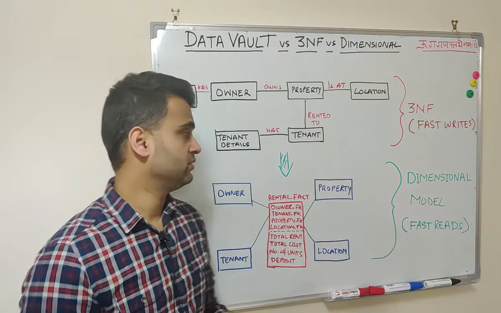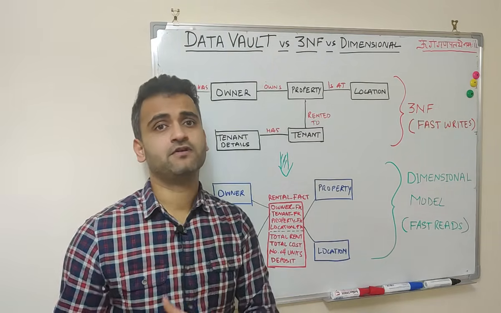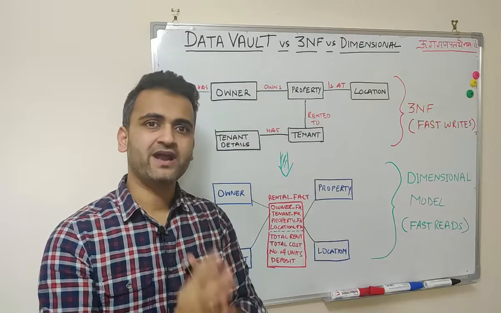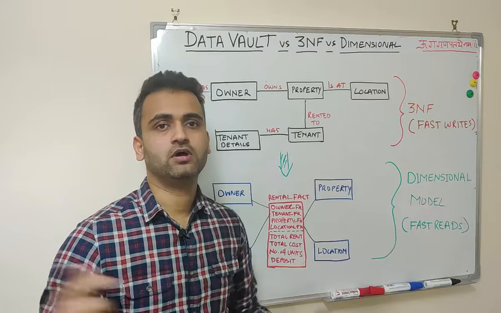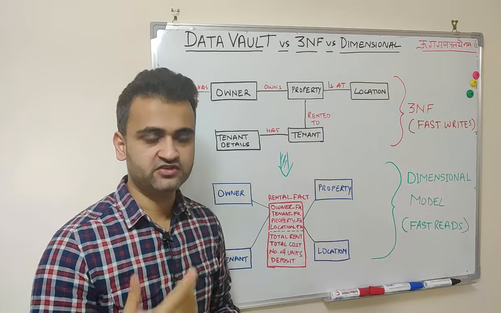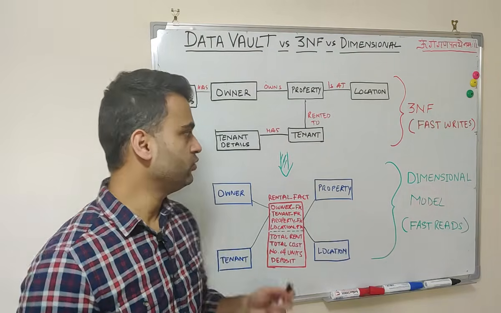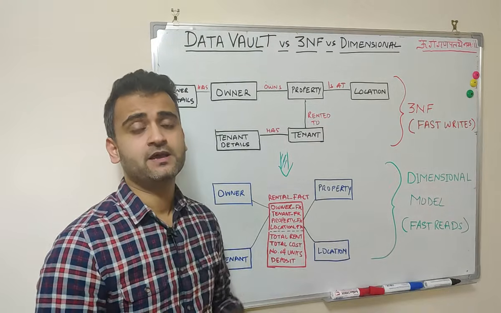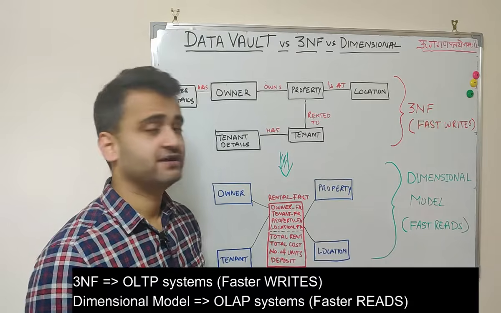On the flip side, a dimensional model has a different objective. A dimensional model is aimed at providing business value to the business consumers and users who want to understand what is exactly happening in their enterprise and how they can derive value from that data.